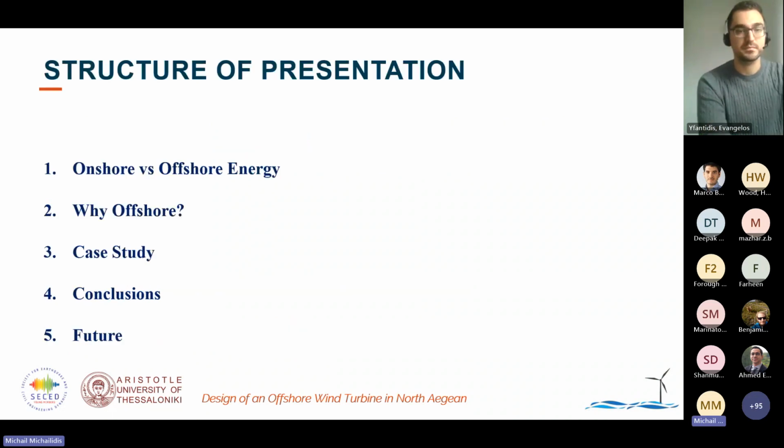I will start with the structure of the presentation, giving a quick introduction on the onshore and offshore wind energy market. Moving on to the offshore, why we need to go to the offshore wind. Later, I will present the case study, ending with the conclusions and some future points as well.